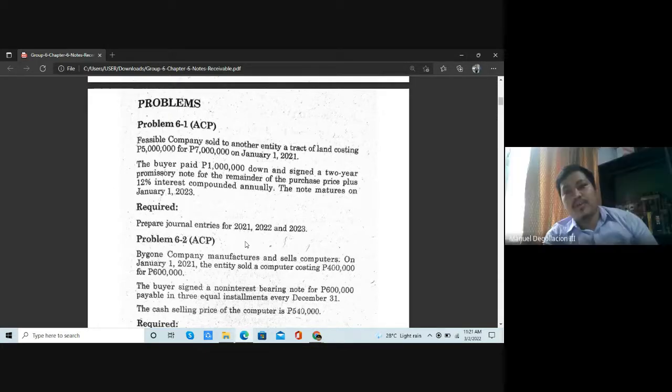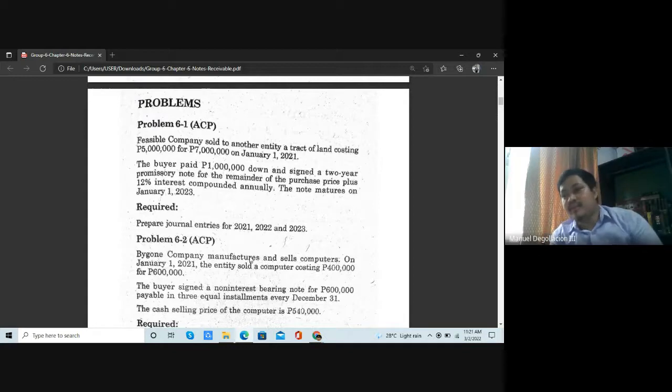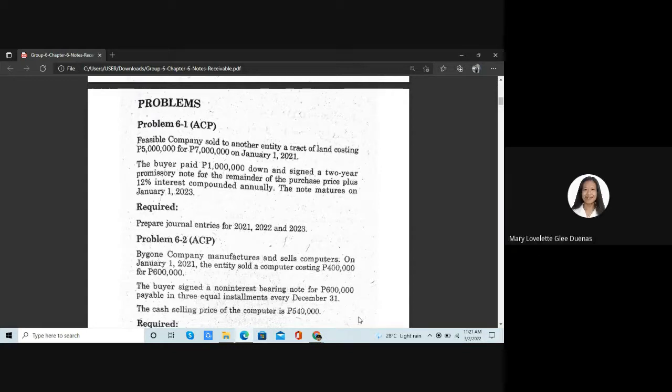And why are you including the 720,000 interest earned in the first year? Because it is said that interest is to be compounded annually.